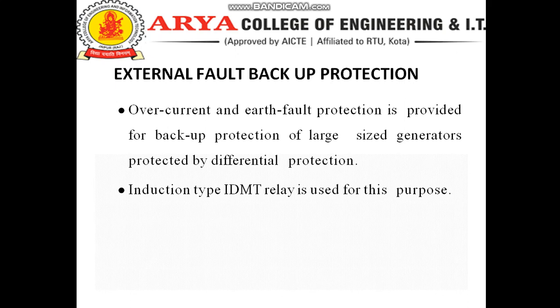In this type of relay, the operating time is inversely proportional to the current flowing through the system. When the value of current is very high, the relay operates with a minimum time, and on the contrary, when the value of current is low, it takes a long time.